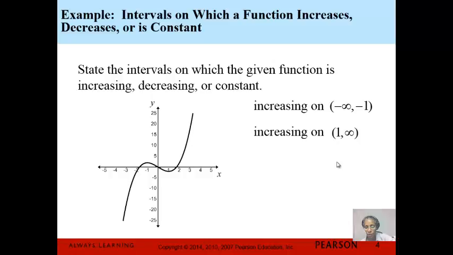And notice that when we give the intervals of increase and decrease, we're giving the x values for which these things happen. Now, if we look at the interval from -1 to 1, we see the function's going downhill, so it's decreasing on that interval.